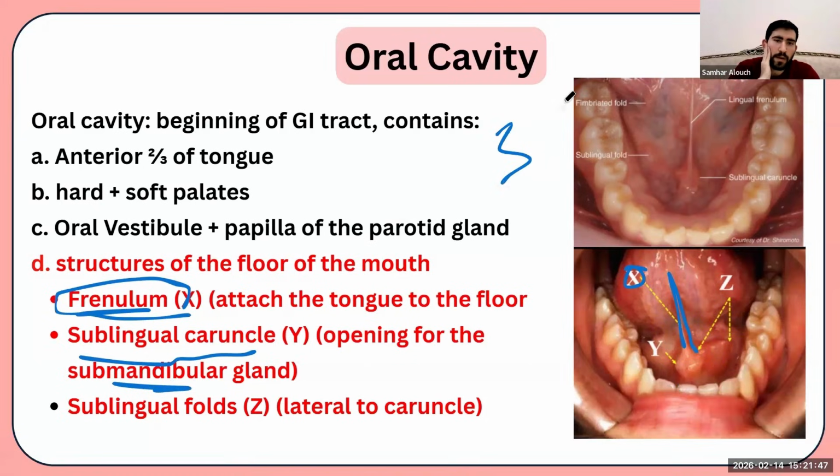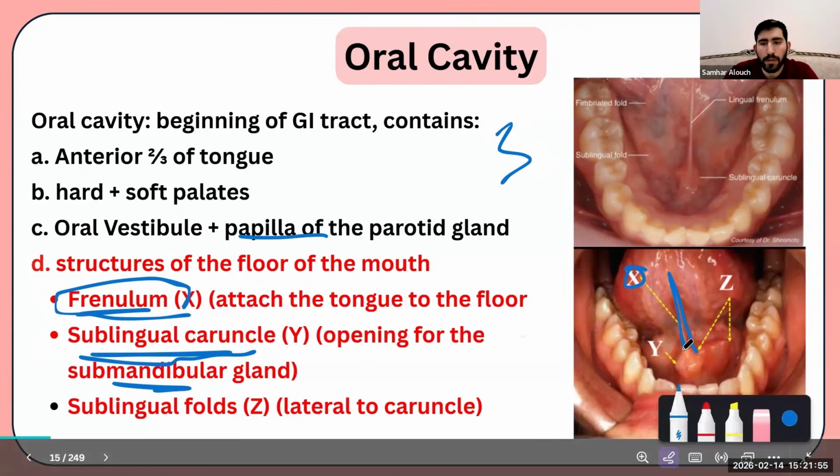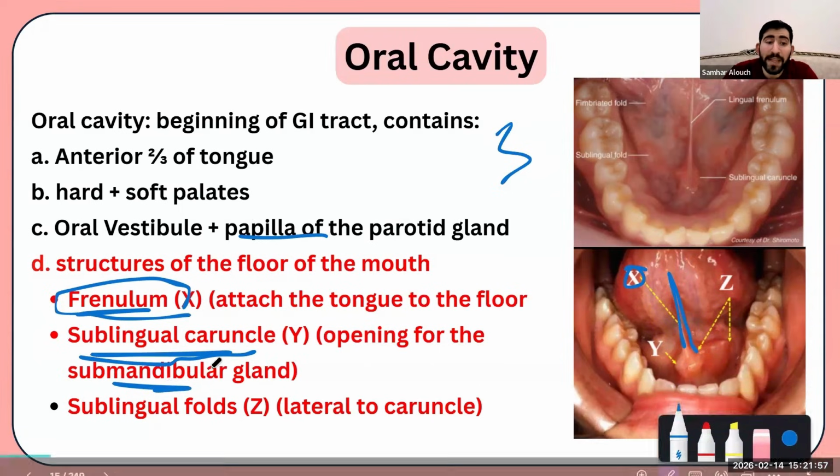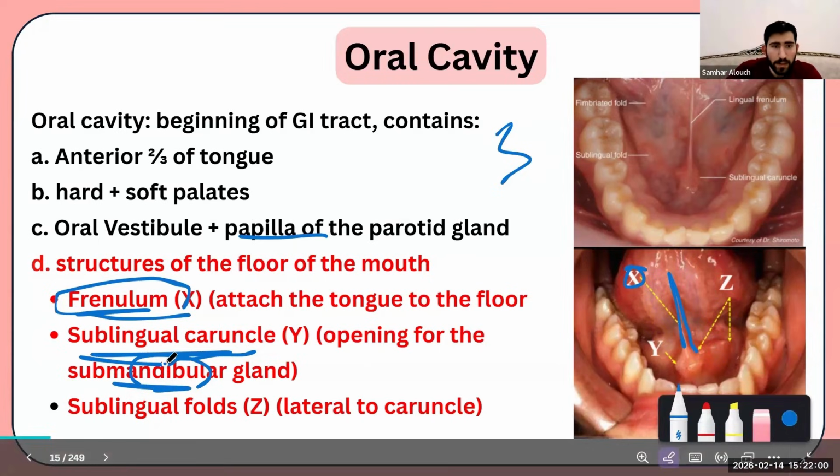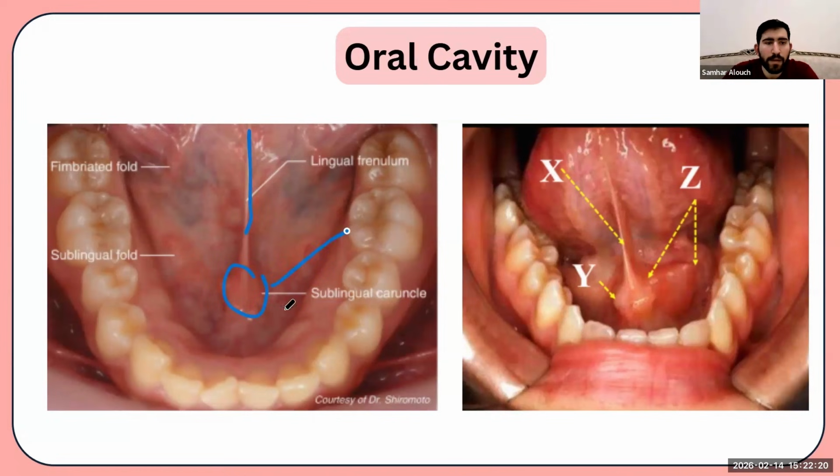The parotid, the one that has the papilla, and then the submandibular and sublingual. The sublingual caruncle is the opening of the submandibular, not the sublingual, although the name is sublingual. And then we have sublingual folds here, which is the sublingual gland.